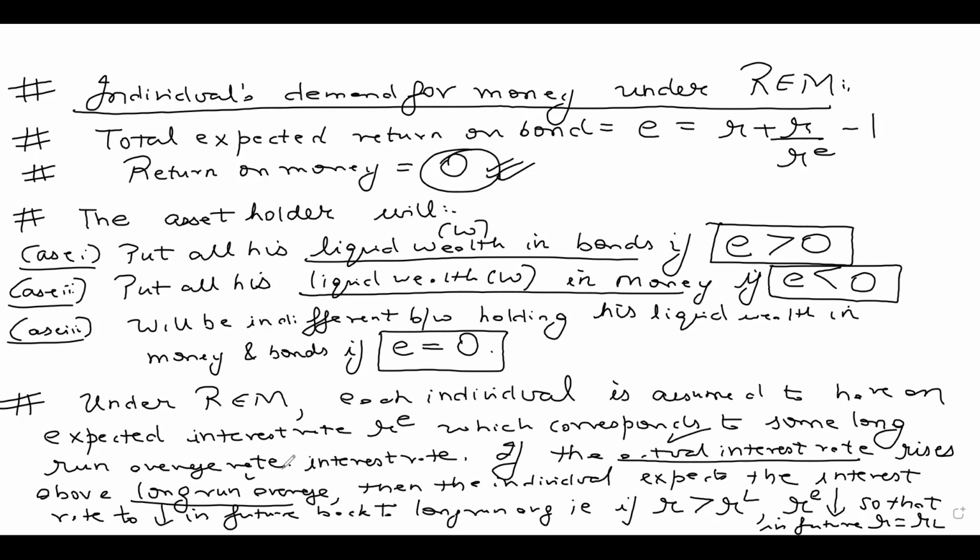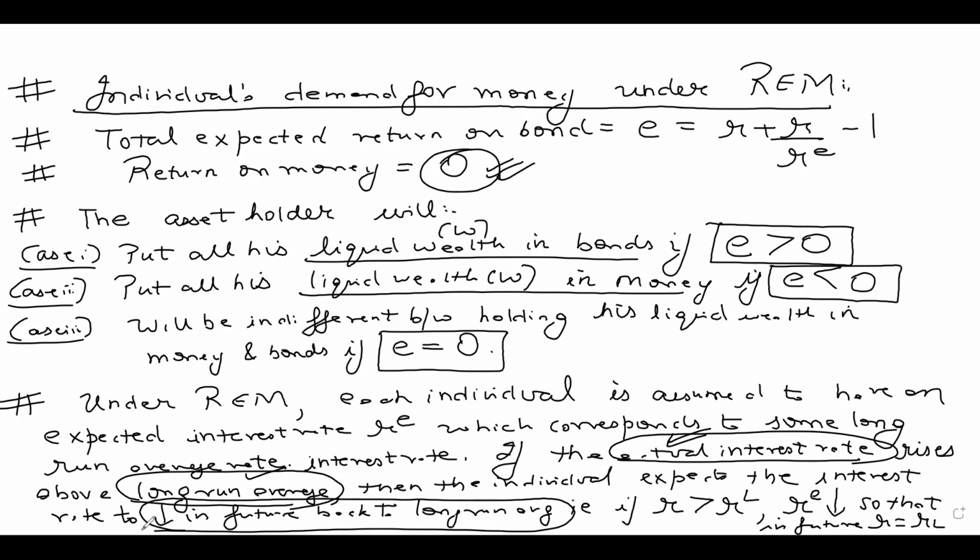Progressive means you are moving in the same direction as the actual: actual is rising, you expect the future interest rate also to rise. But in this particular case, the individual is having regressive expectation. Regressive means when the actual rises above the long run average, he expects it to fall back to the long run average.